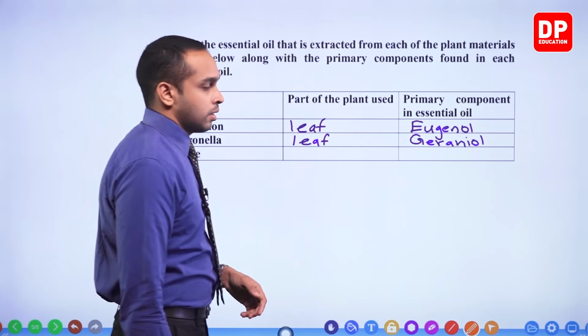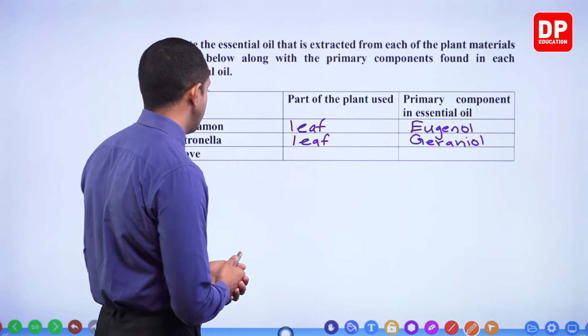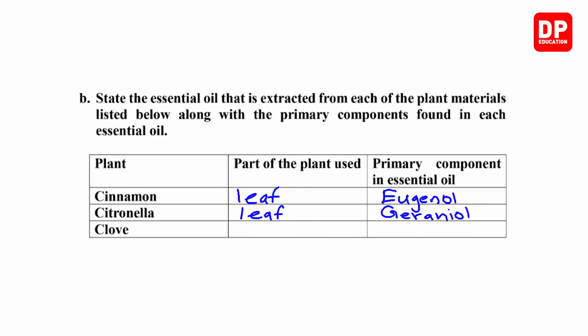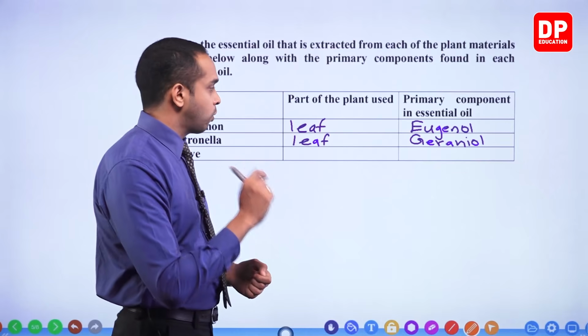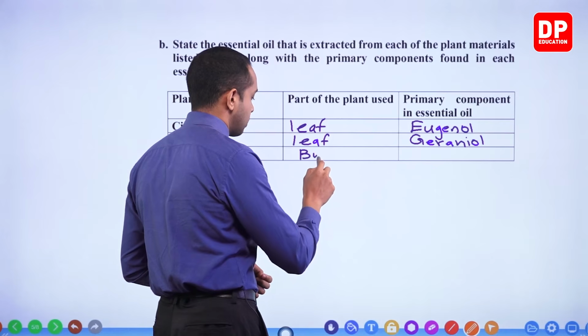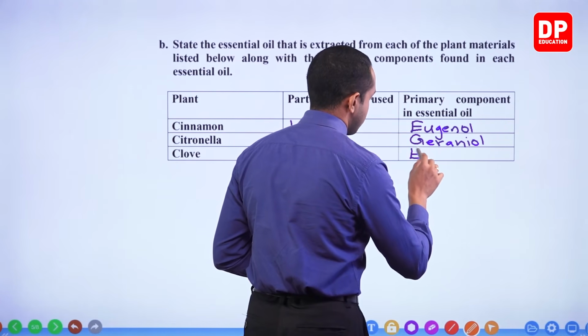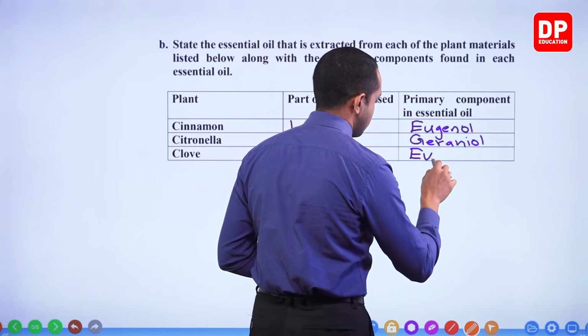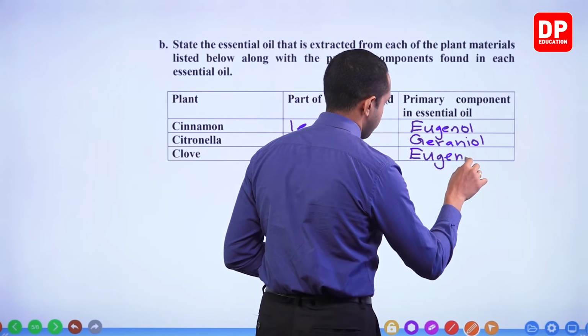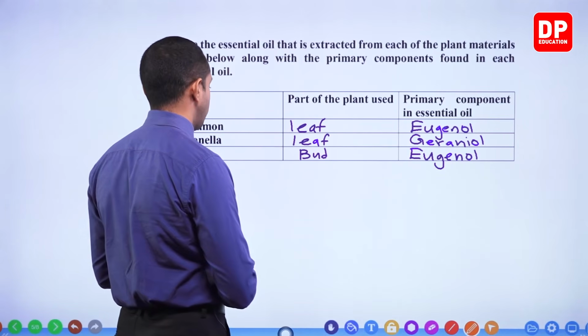Citronellal is also there, but the main component happens to be geraniol. And clove oil is mainly extracted from the clove bud, and in that also the main component of clove oil is eugenol. So these are the primary components of these essential oils.